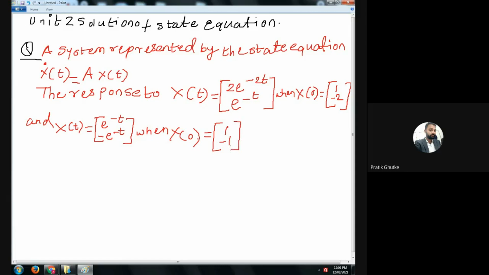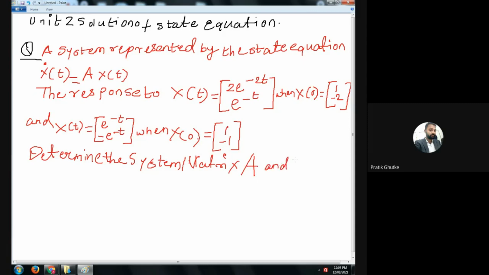What we have to determine? Determine the system matrix A, capital A, and the state transition matrix.